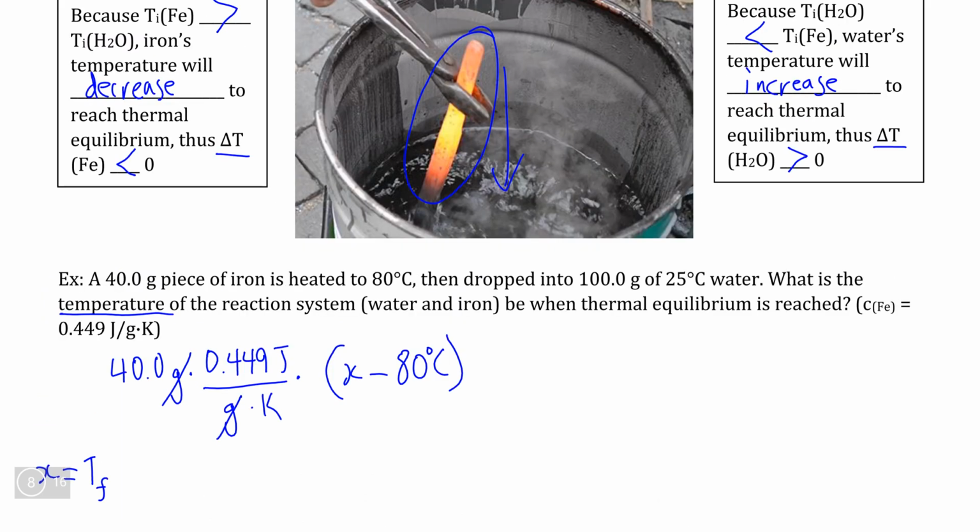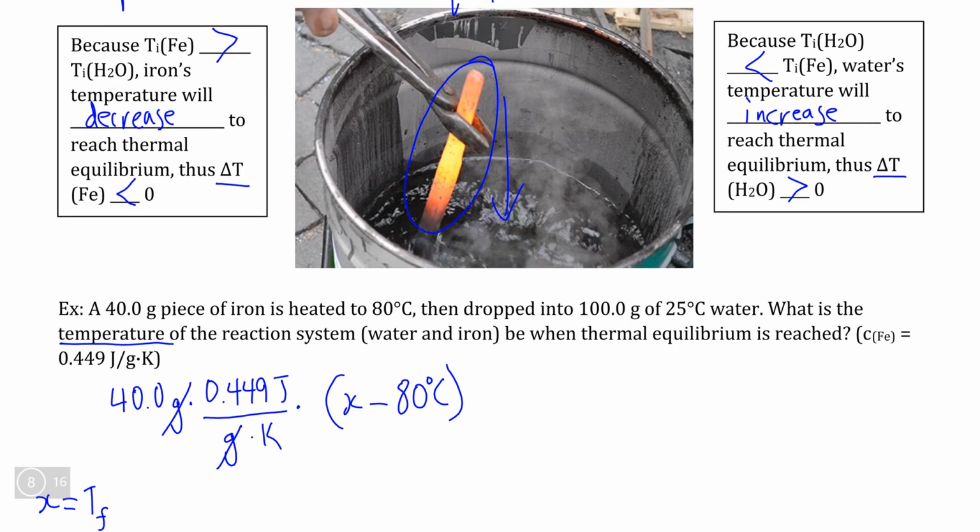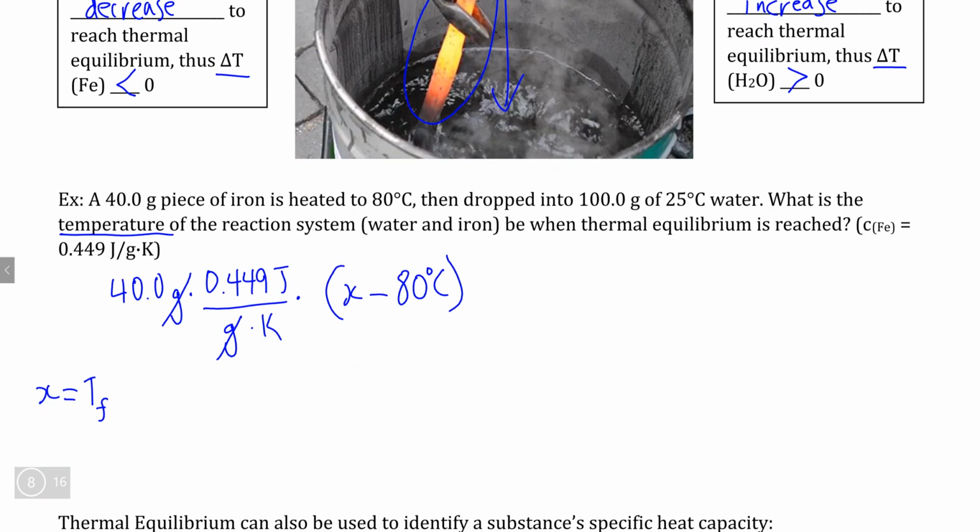Now, this is where it's important to consider whether the temperature of the iron is going to increase or decrease. Since iron's temperature is going to be decreasing from initial to final, that means that this number here is going to be negative. And this is very important to consider because when we write the other side of the equation, this direction is going to be very important.